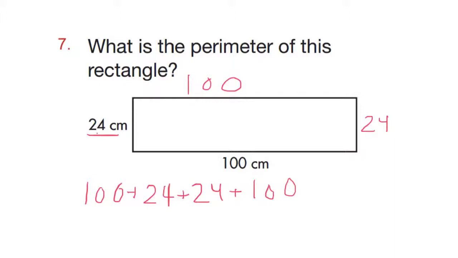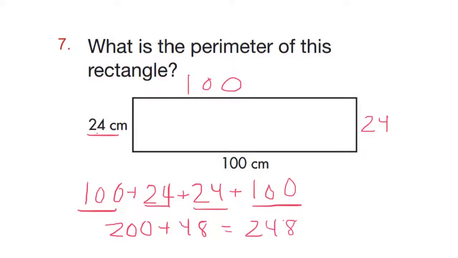Then I'm going to group them together. So 100 plus 100 is 200. 24 plus 24 is 48. So my answer is 248 centimeters. Notice it is not squared or cubed, it is just centimeters when we are dealing with perimeter.